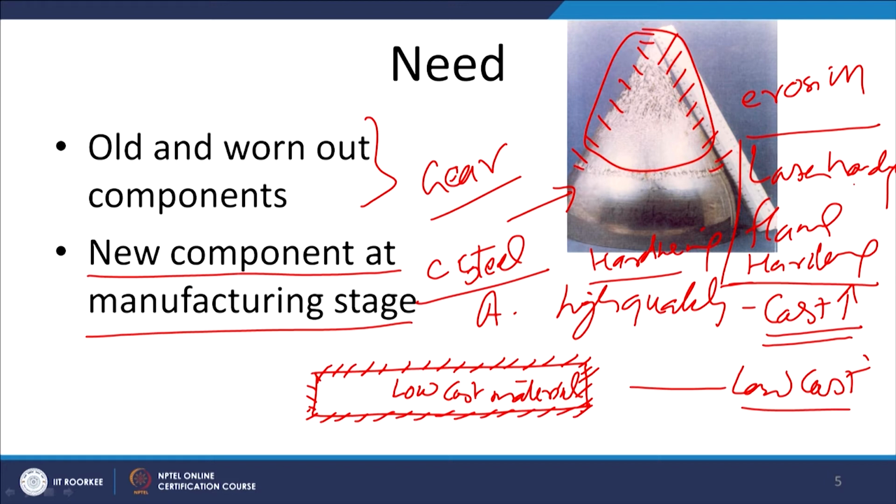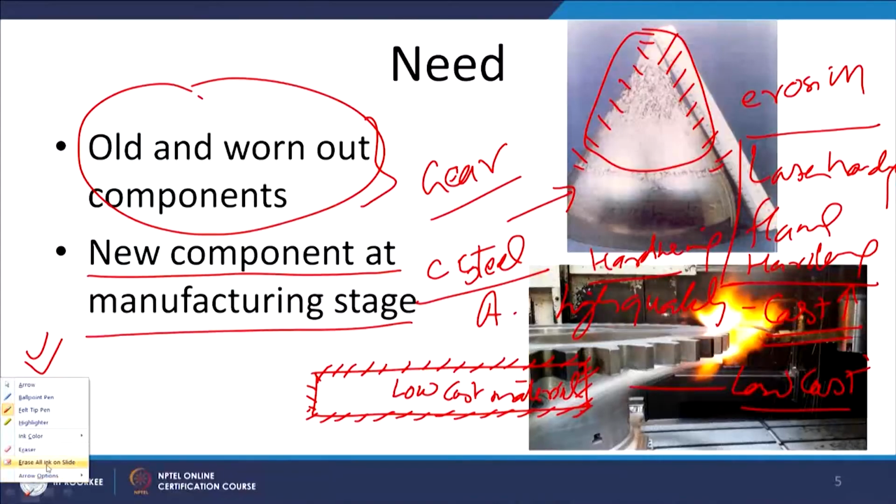So, surface engineering can be applied onto worn out or old components, or it can be applied onto newer components as well, so that they perform for long, or the worn out component is brought back into service and again performs for a longer period.